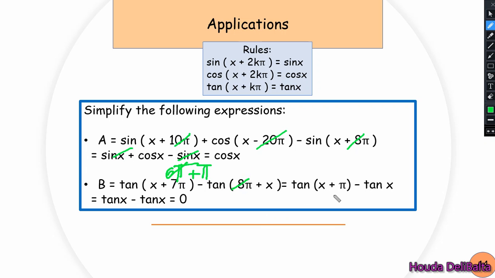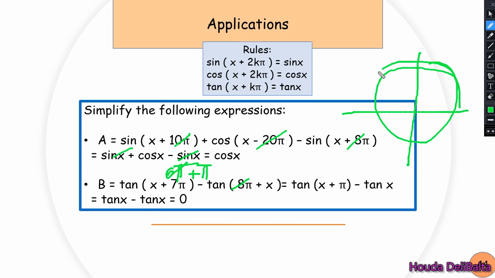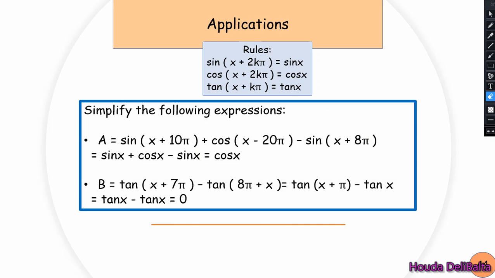Then I have tangent of x plus pi, and again if we move on this circle, we are moving pi plus x. We move pi first, so plus pi in the positive sense. Now plus x, we keep on moving a little bit and we are in quadrant 3, then definitely it is positive, tangent x, and this is cancelled, so I get minus tangent x, and the answer is 0. Now let's make more examples.